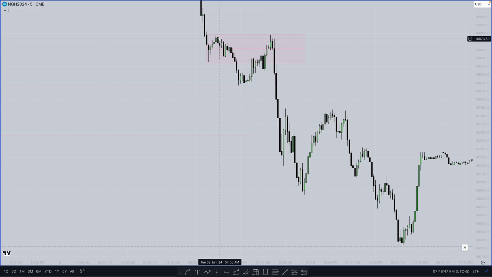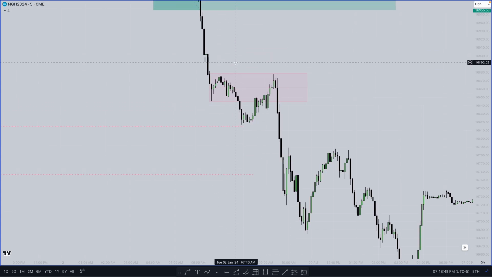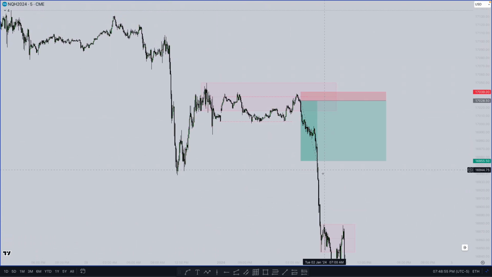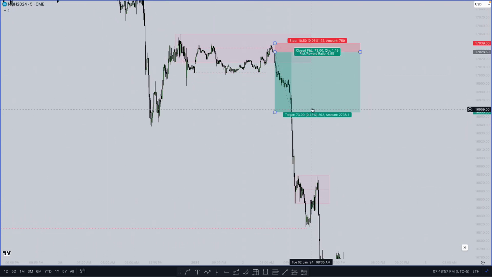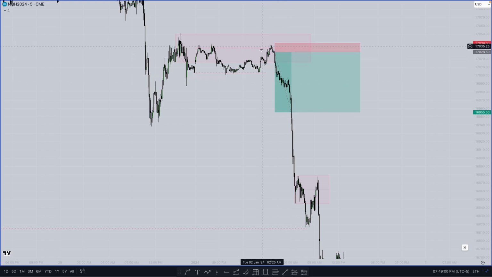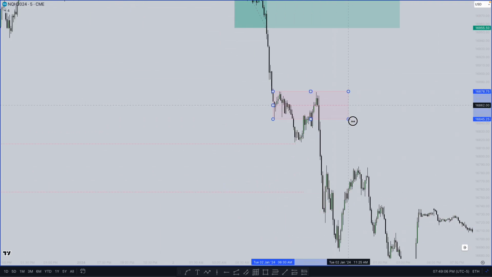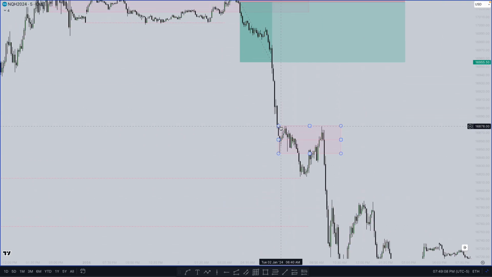Order flow confirmed down, unable to break this. Here would be your structure for retracement. If you wanted a full flip, you would actually need to break this high. That would change the order flow to the upside. But until then, for a retrace or reversal, you need this at bare minimum to break.